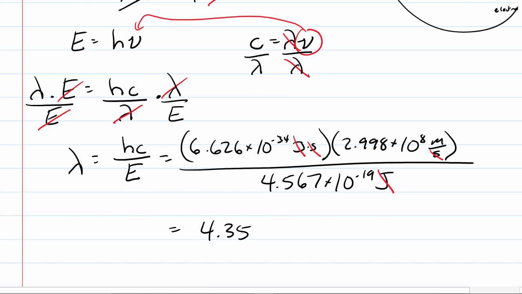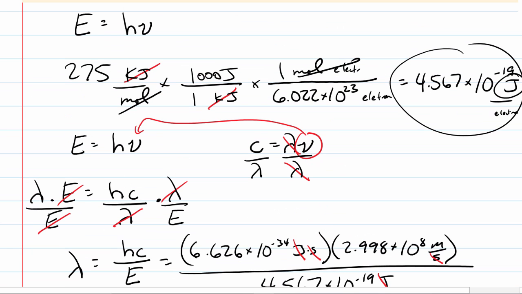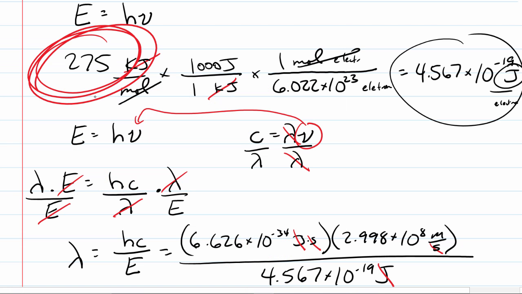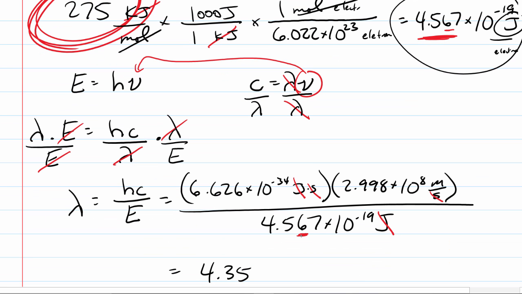Now we should probably look at significant figures. Haven't been paying attention to that yet. How many were right here? 3. So if there's 3 there, that means that this answer here should have 3, which means we should round this final answer off to 3 significant figures. So it'll be 4.35 times 10 to the negative 7th.